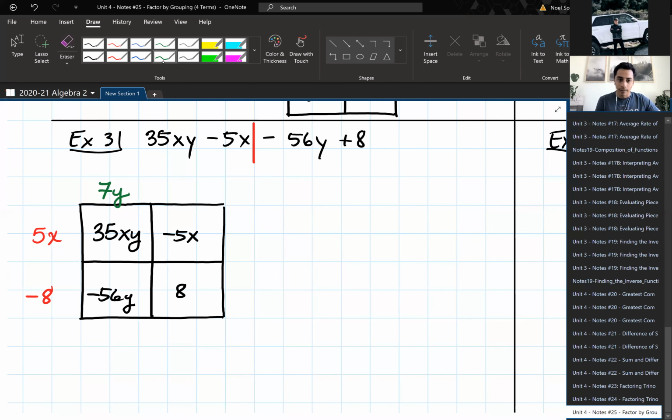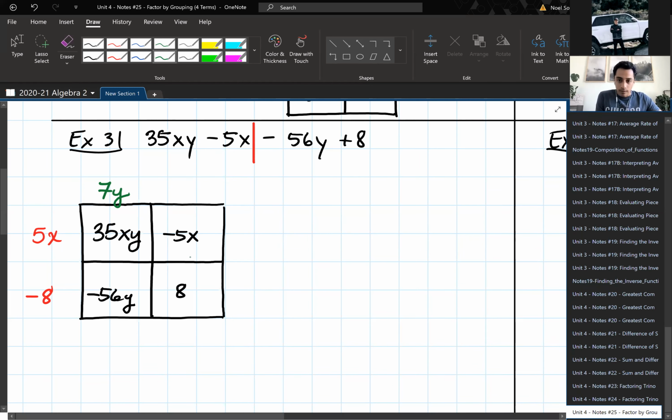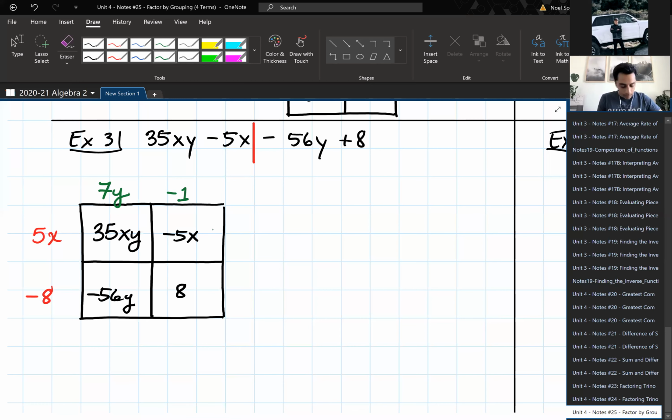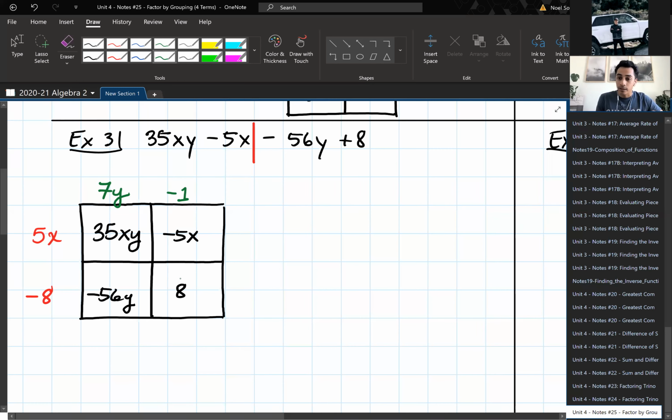What do you think? Negative 1 or negative 1x? Only the negative 5 has an x, so I can't factor out x from both of them. So it would only be a negative 1. Once again, negative 5 is on the top, so that's the leading term. Therefore, because the 5 is negative, we want to factor out a negative. They don't have anything else in common besides 1, so that's why we factored out the 1.